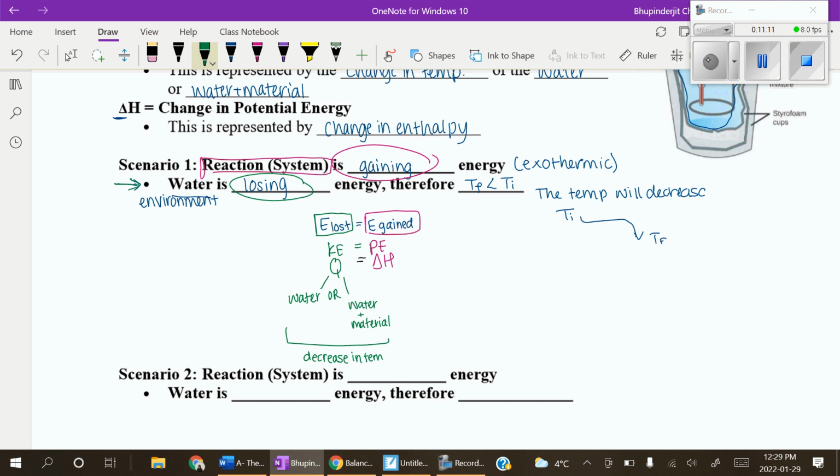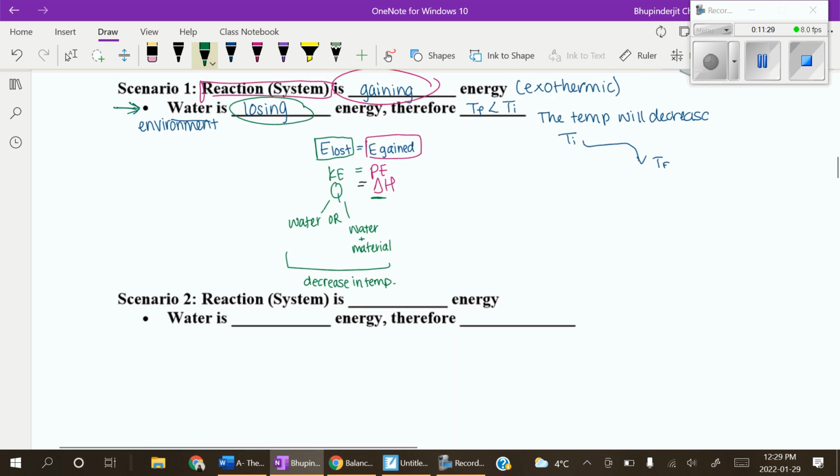And again, we'll go through how to identify when to use the material and when not to use the material. And that is then going to result in the change in enthalpy. Because again, we can only measure the change in enthalpy based on what happens with the temperature change. So that's scenario 1, refers to exothermic. Let's look at scenario 2.